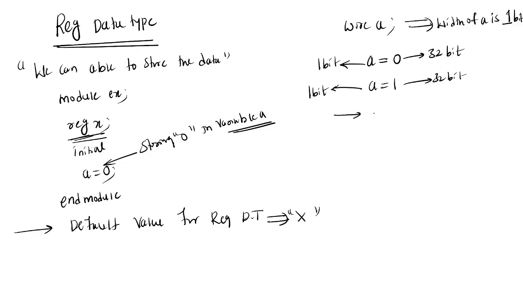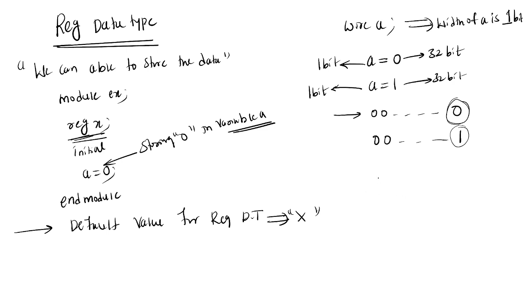So inside it will store 0 0 up to so on 0, but whatever the LSB is, that will be stored. a equal to 1 means 0 0 up to so on 1, but whatever the LSB bit is, that will be stored into a. So you need to know that.